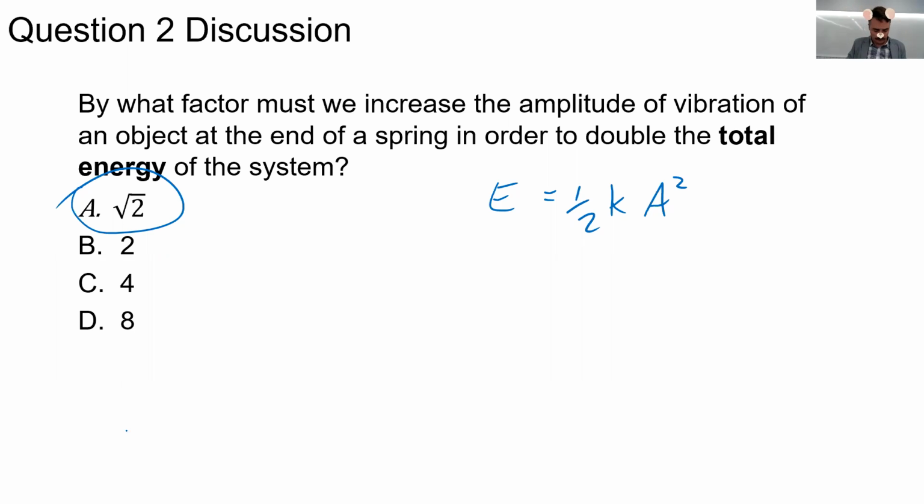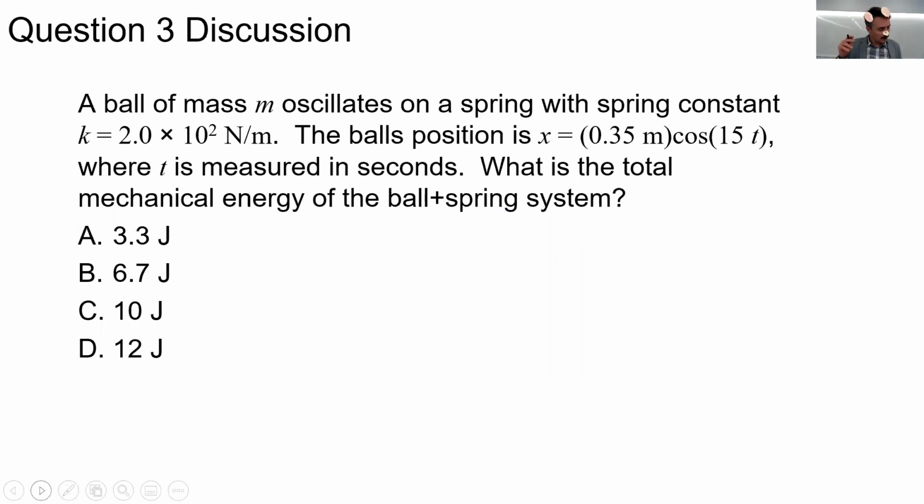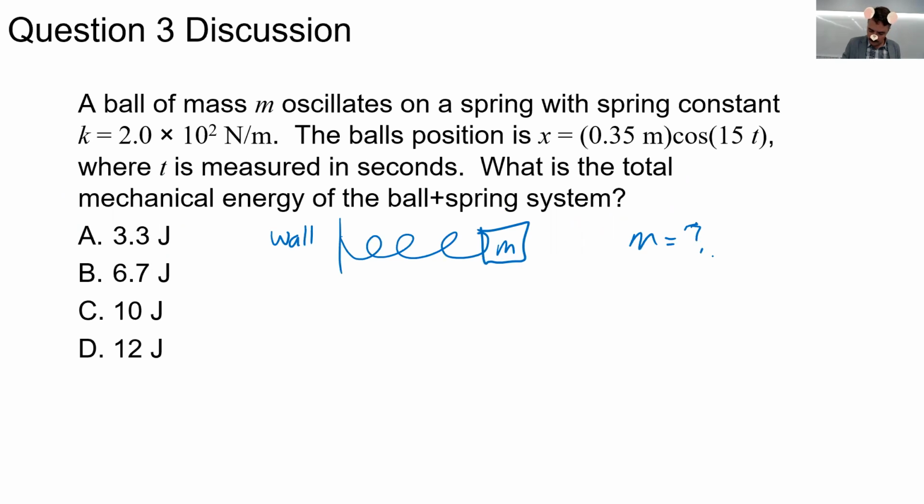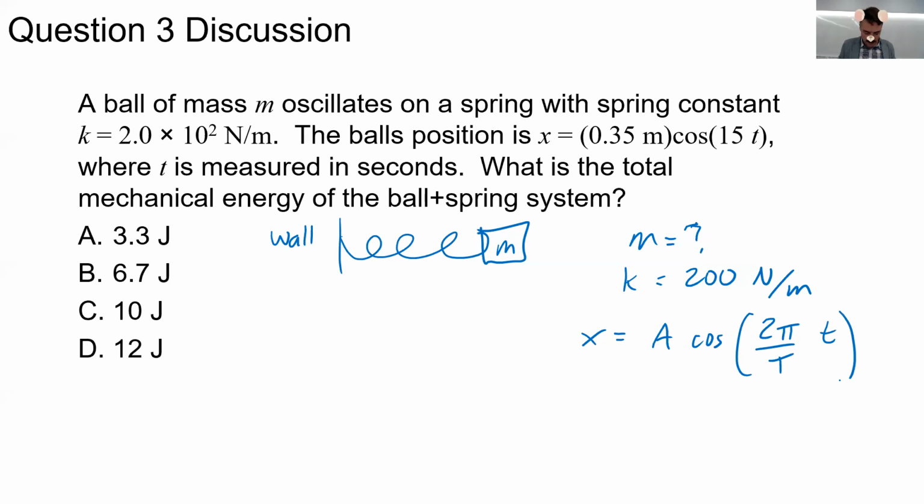And then this one was the hard one. If we have a mass on a spring, again like this, here's a wall, here's the mass. M is unknown, but K is 200 newtons per meter. And it says that X is this thing, but I know that X is equal to A times the cosine of 2 pi over capital T times lowercase t.